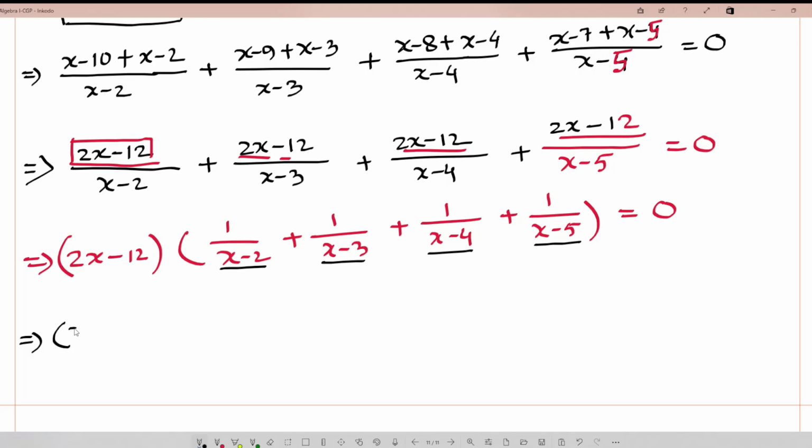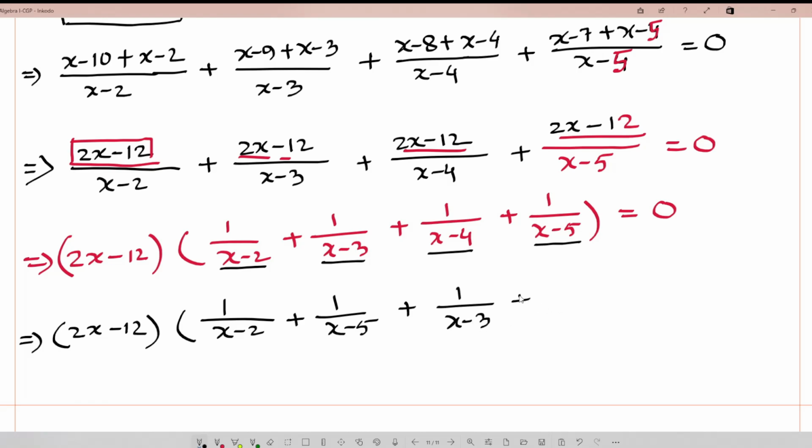So we can write 2x−12, right? And here is 1/(x−2) + 1/(x−5) + 1/(x−3) + 1/(x−4) equals 0.